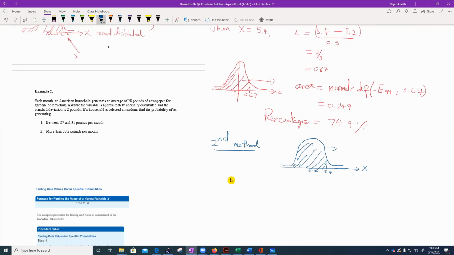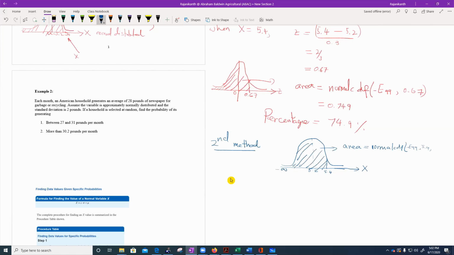Again, I'm going to use normal CDF, but you need to put some parameters here. First, put the bounds for the area. The bounds are negative E99, that means negative infinity, to 5.4. That is fine. But after that, you have to define the mean and the standard deviation.